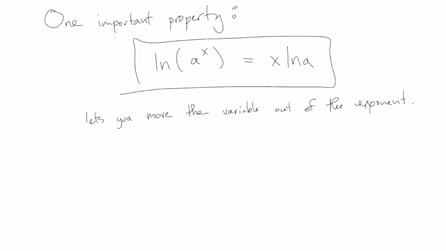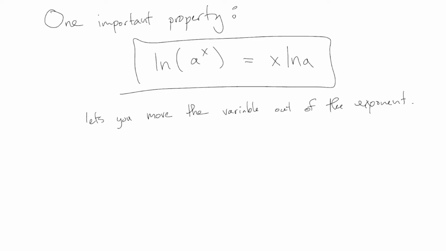Because inside that box, on the left side, the variable is inside of an exponent, but on the right side, the variable is not inside of an exponent anymore. And so if you want to solve an equation where the variable is inside the exponent, you can use this sort of logarithm trick. It is the basic usage of the logarithm in real life word problems.